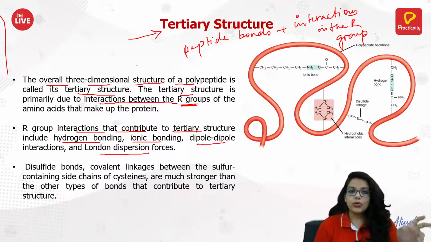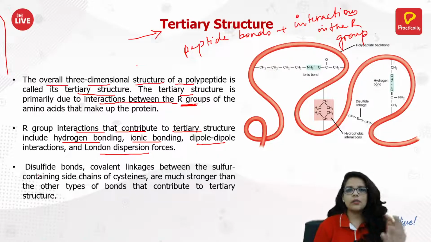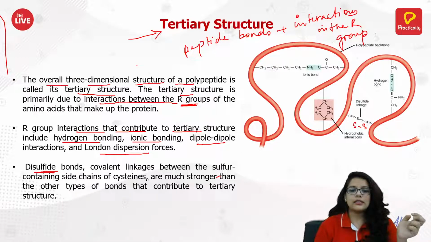Out of that, one of the strongest bonds formed in this tertiary structure is the disulfide bond. There is sulfur bonding. That is one of the strongest bonds, and it is seen in cysteines.